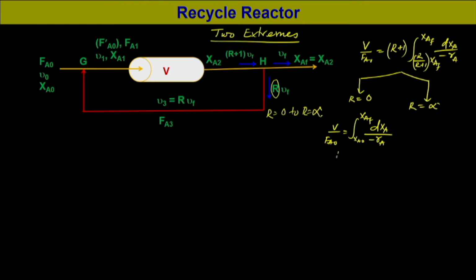So, this is PFR, and for the other extreme the equation would be V by FA0 equal to XAF by minus rA. So, this is mixed flow reactor.